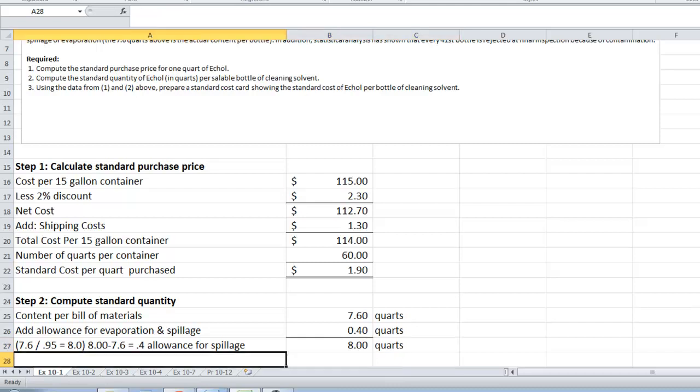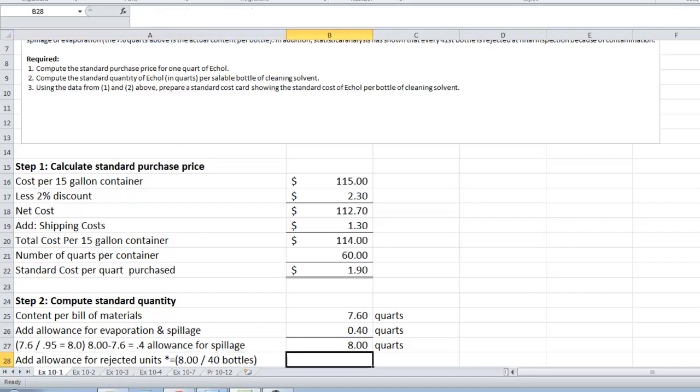Now, we're not actually finished because we need to add allowance for rejected units. So not only do we have spillage and evaporation, but we have rejected units. And that is 8 quarts divided by 40 bottles, because every 41st is gone.